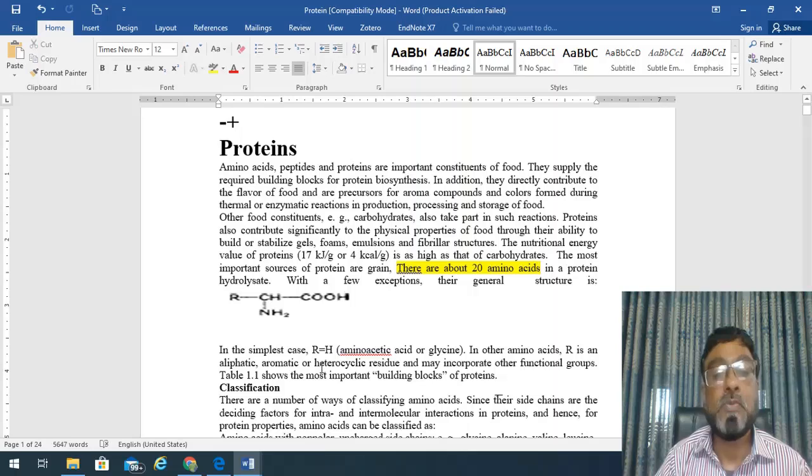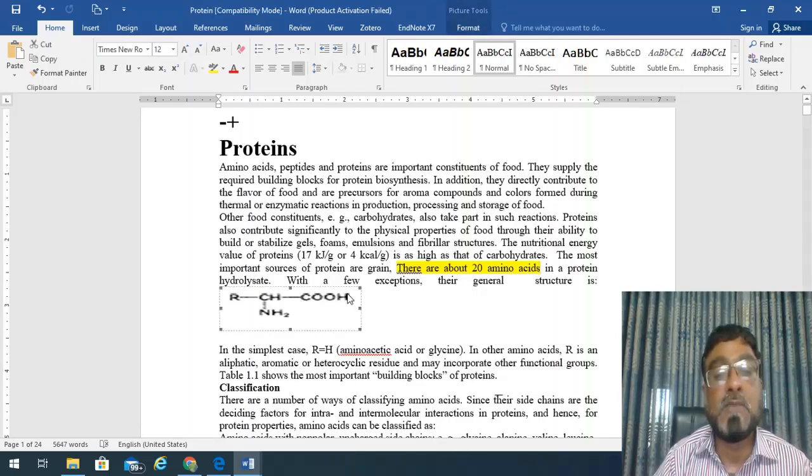So what is the basic structure of the amino acid? Each amino acid comprises a carboxylic acid group and an amino group, and this is called the alpha carbon, and there is an elongation of the alkyl group.